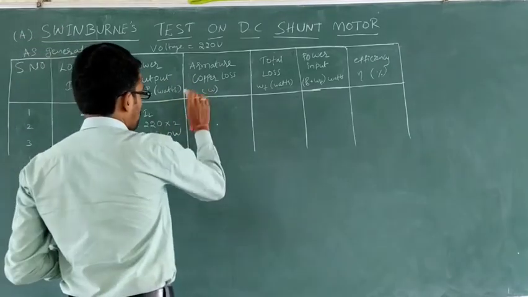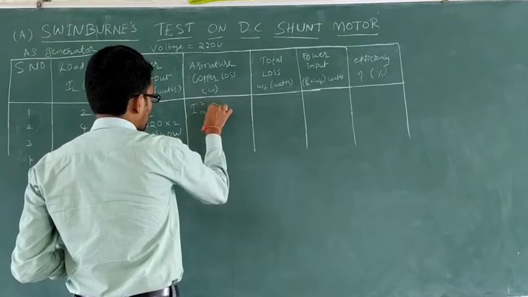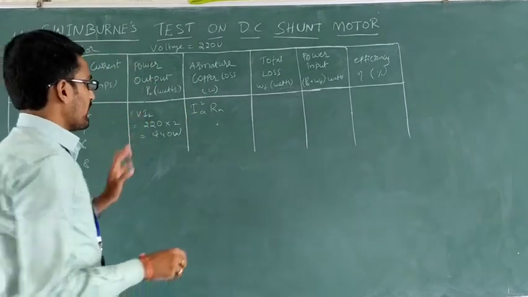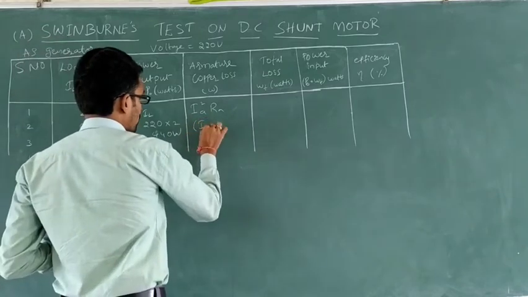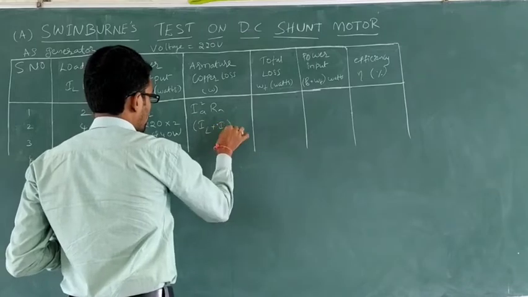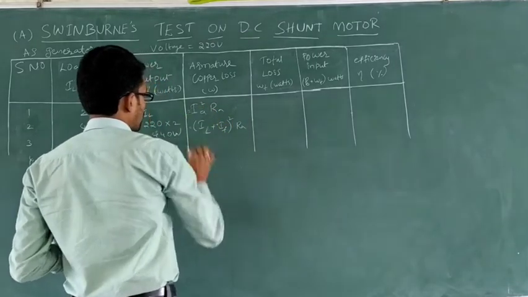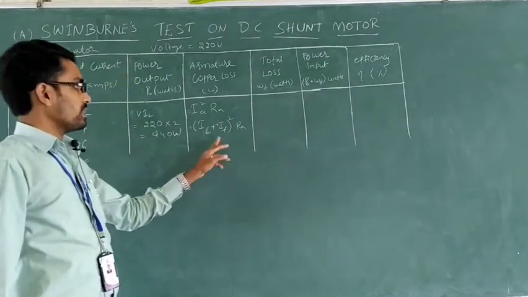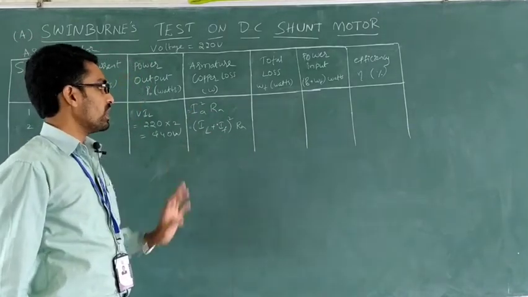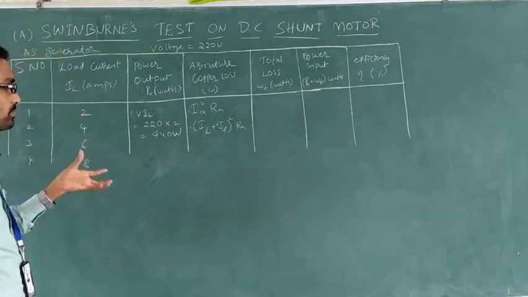For the armature copper loss, the formula is IA square RA. But IA is nothing but IL plus IF, whole square, into RA. IL and IF, these values we got previously in that table.